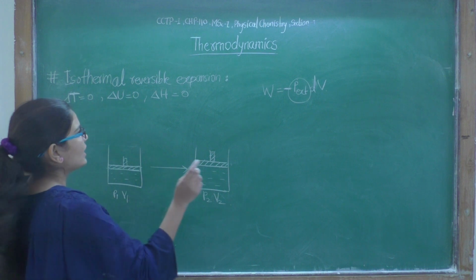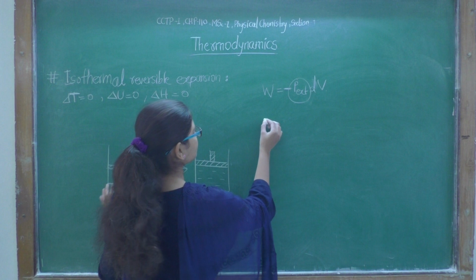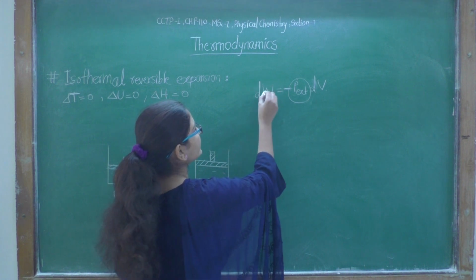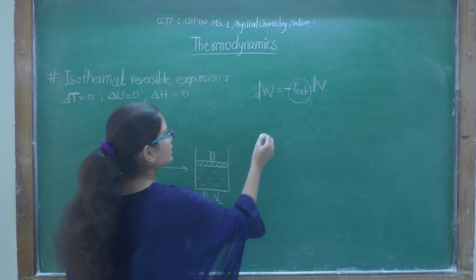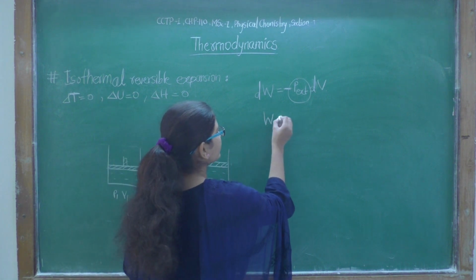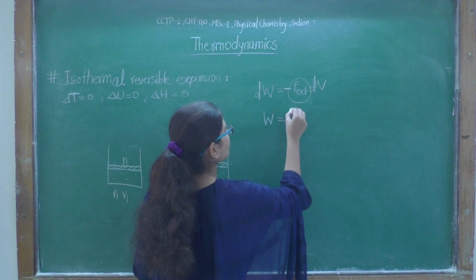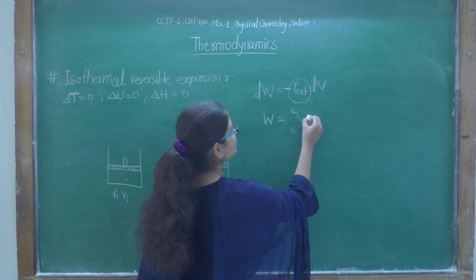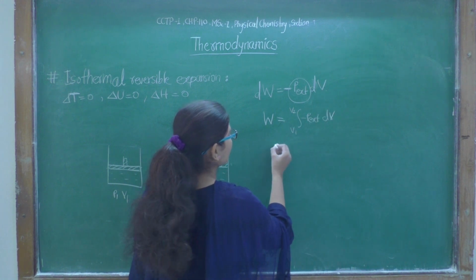Now how will we calculate the work done for this process? This is dW. dW is minus P external dV, a small change, so this is small work done. Now what will be W? W will be the integration from V1 to V2 of minus P external dV.